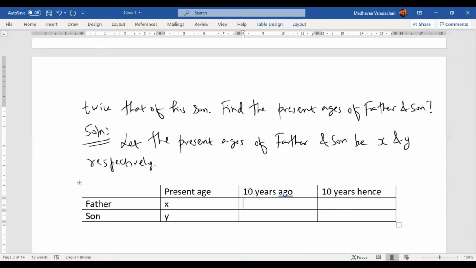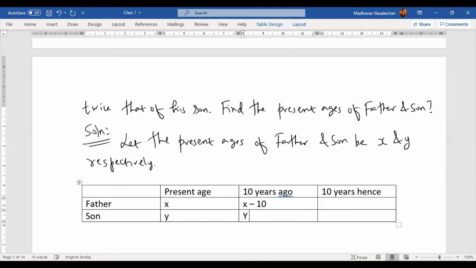So 10 years ago means before 10 years, their respective ages will be x minus 10. Let me make it a small x.